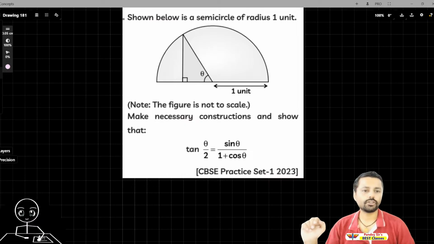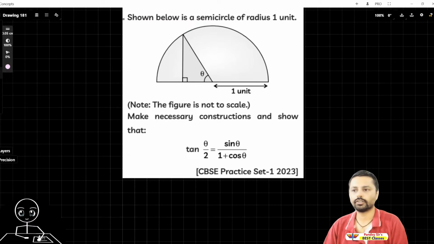The construction you need to do, I'm going to tell you what construction you should do. I'm going to do the construction here only. You just need to join these lines.